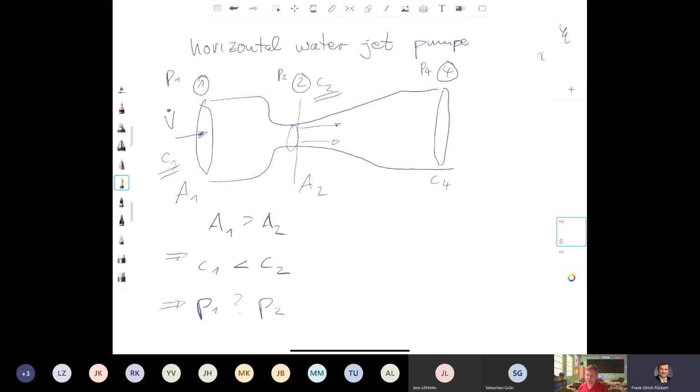What will happen to the pressure? Which pressure is higher and which pressure is lower? Yeah, P1 is higher. P2 will be lower because C2 will be higher.